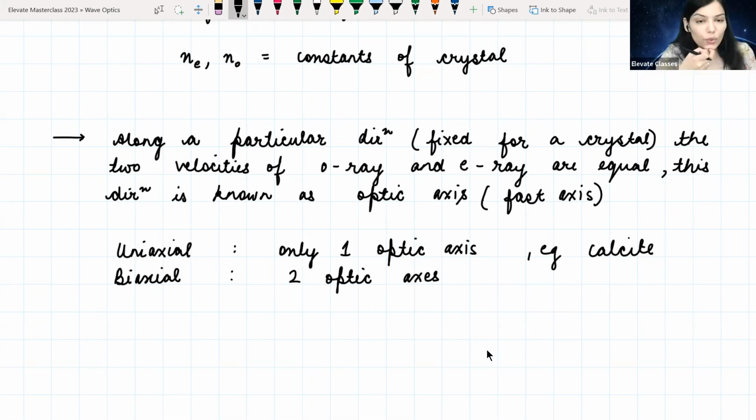Okay, so if you want to understand more about this, or maybe you want to read more about this, so you can actually read Ghatak 21.12. So यहाँ पर derivation है that you know why actually this phenomena is happening.